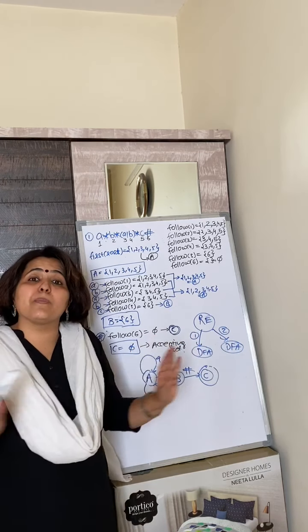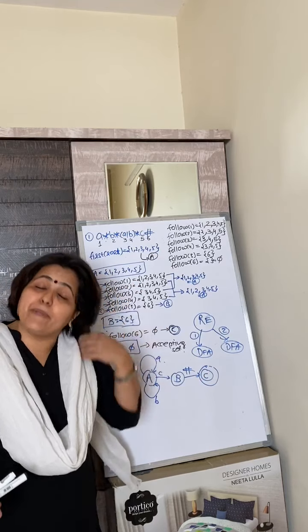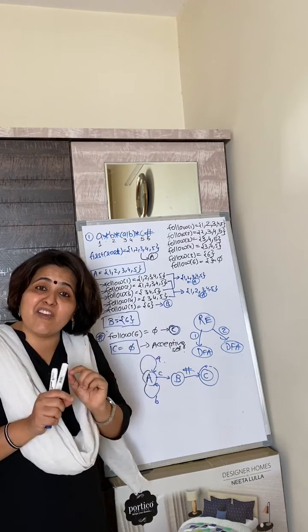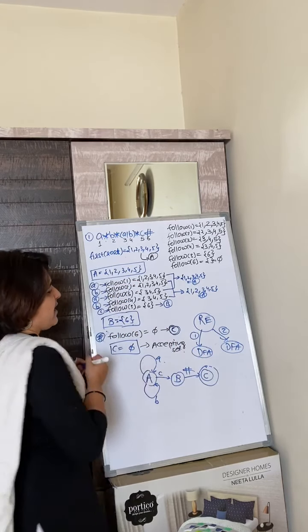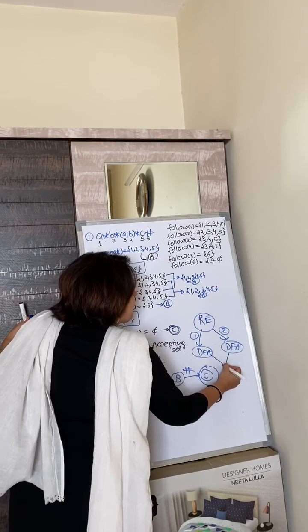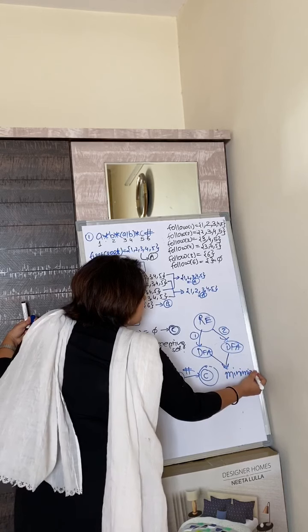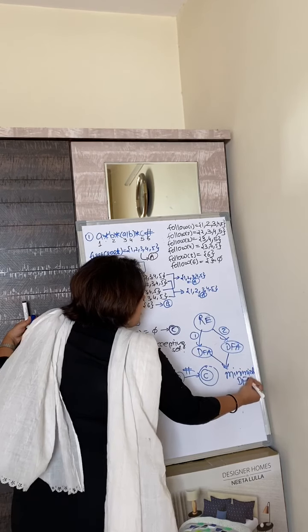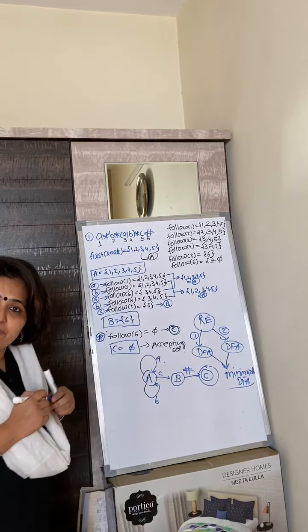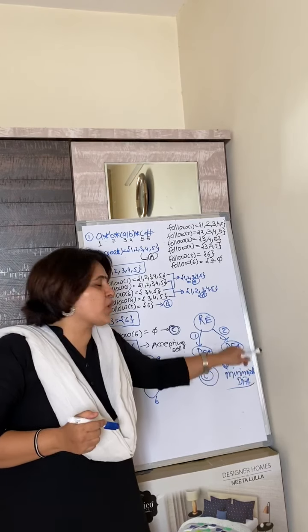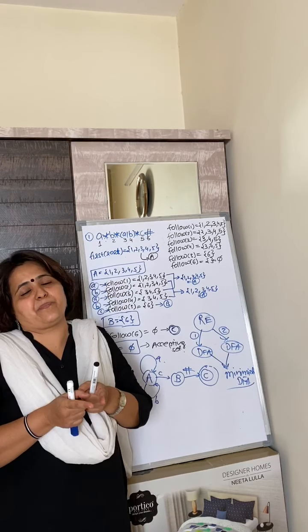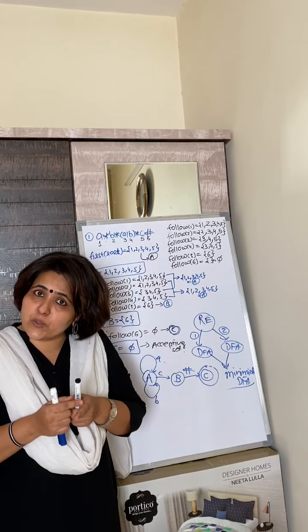Both DFAs may not be the same. But if you optimize them, minimize the DFA, then the minimized DFA will always be the same. Optimized or minimized DFA out of both DFAs is always going to be the same. Are you getting what I am trying to say?